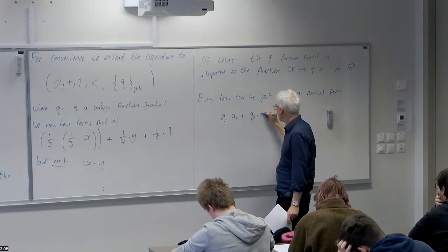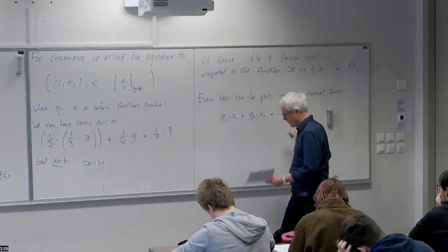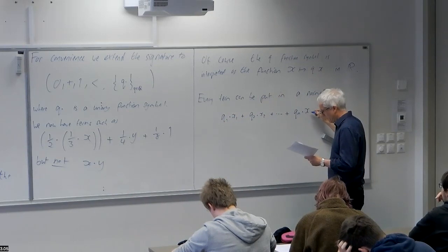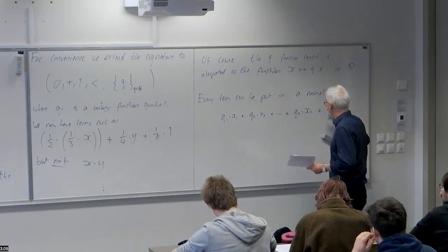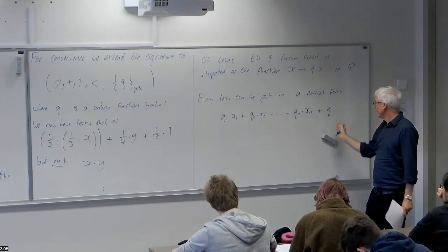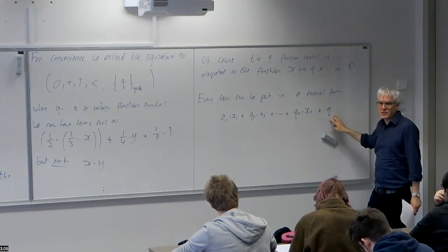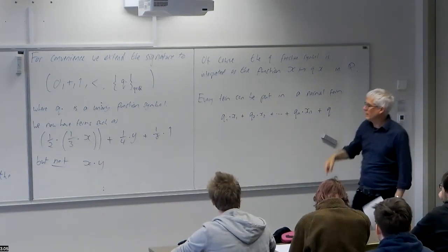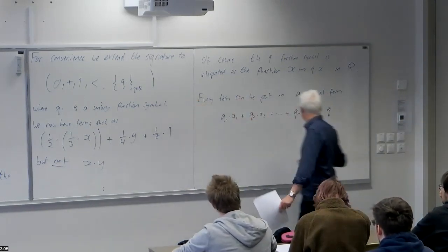So q2 times x2. So any term is going to have some number of variables, each one with one rational scalar multiplication of it, and then the remaining terms that are rational multiples of one, just simply.